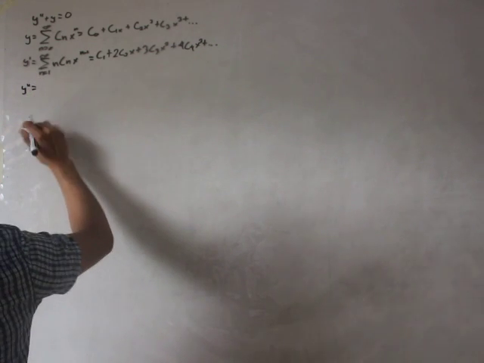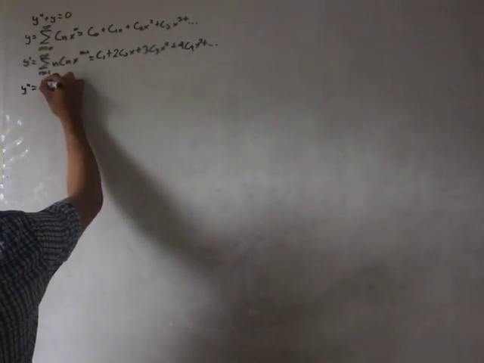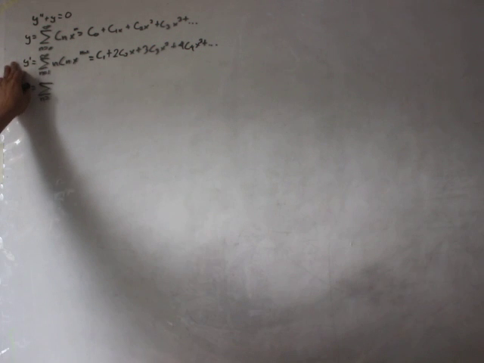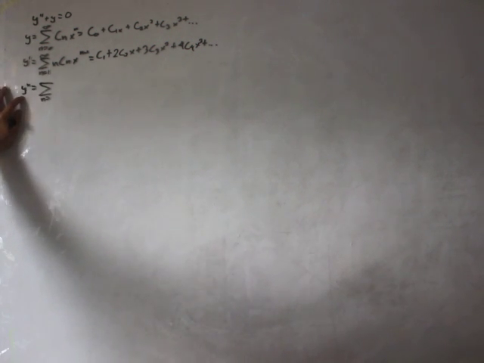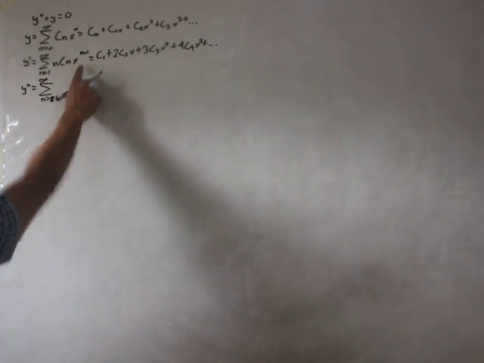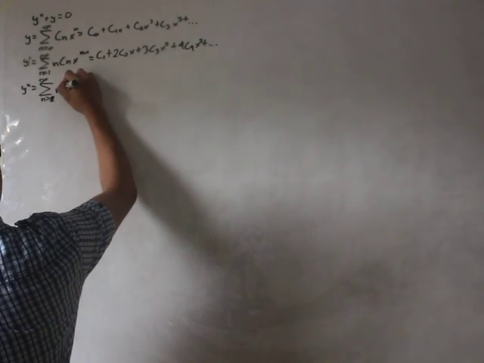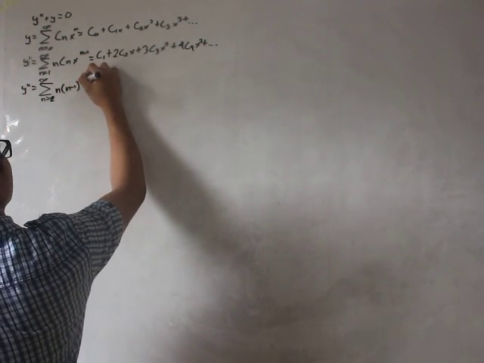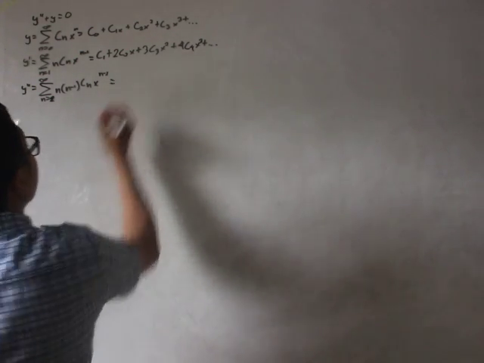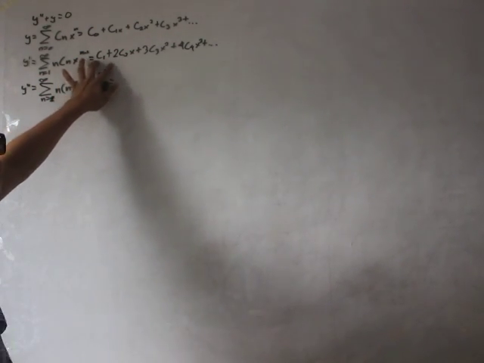So next is our y double prime. And again, we need to derive. If y is n equals 0, our y prime is n equals 1, then our y double prime is n equals 2. So we derive this. We have n times n minus 1 times c_n times x^(n-2), which is equal to, again, when we derive this, the first term becomes 0.